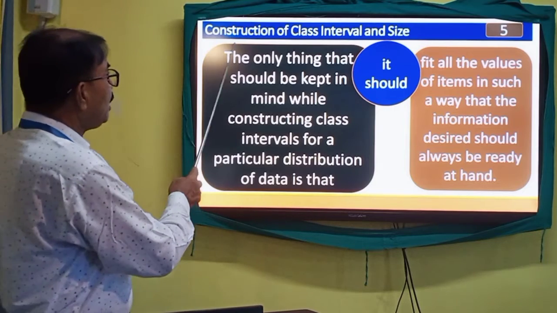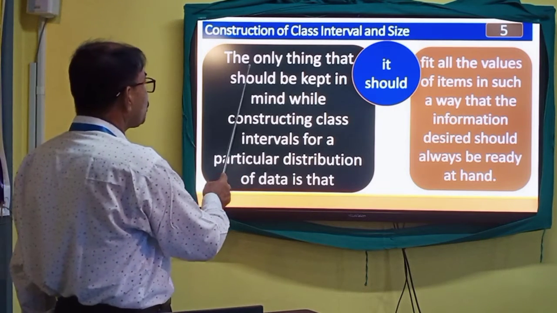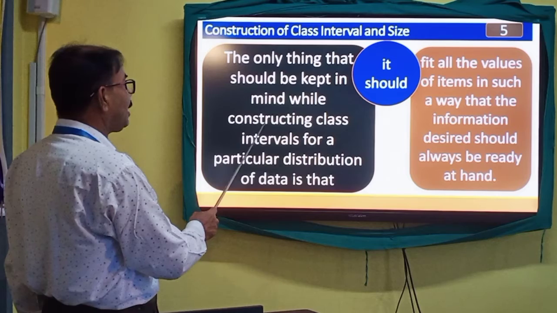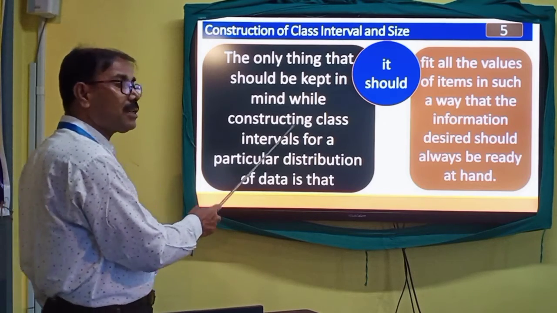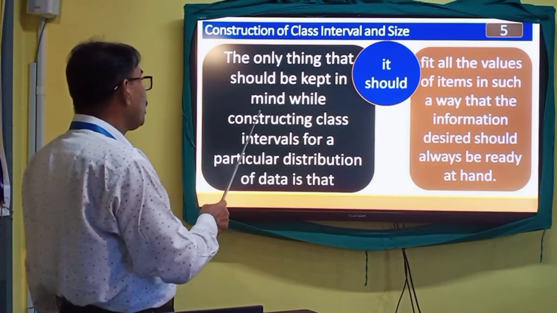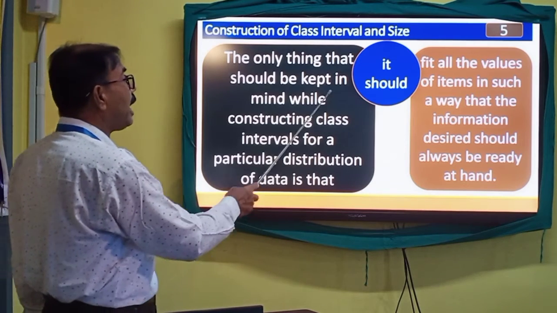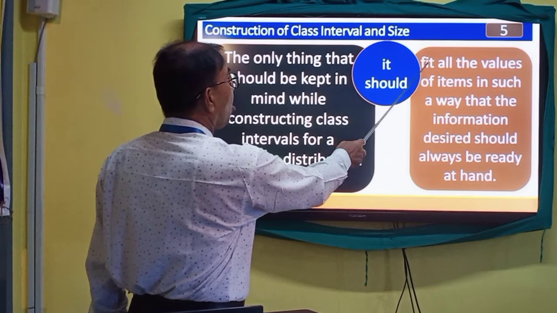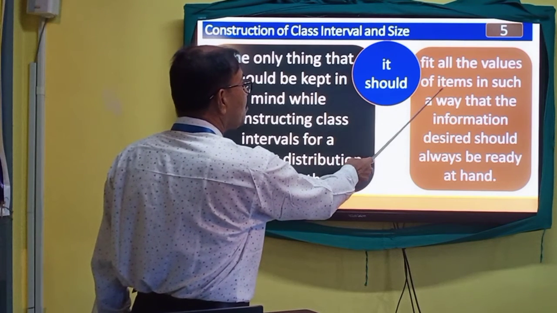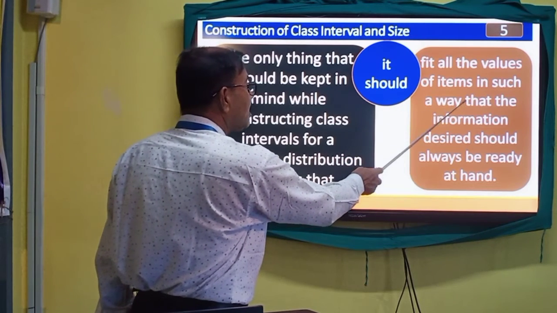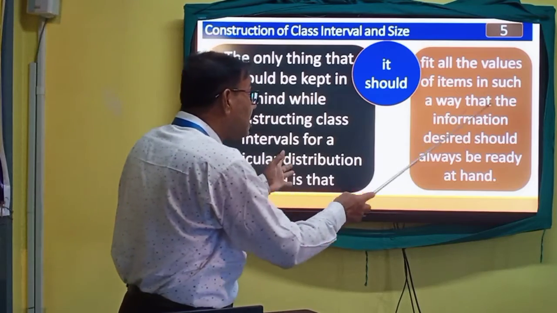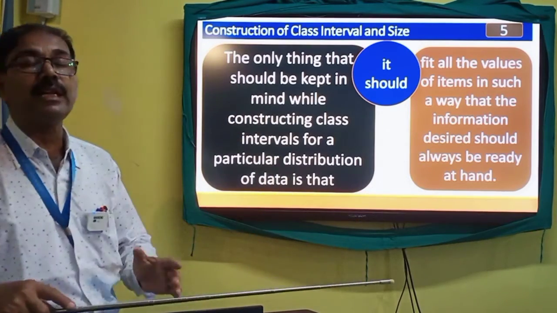The only thing that should be kept in mind while constructing class intervals like 100 to 104 for a particular distribution of data is that it should fit all the values of items in such a way that the information desired should always be ready at hand.